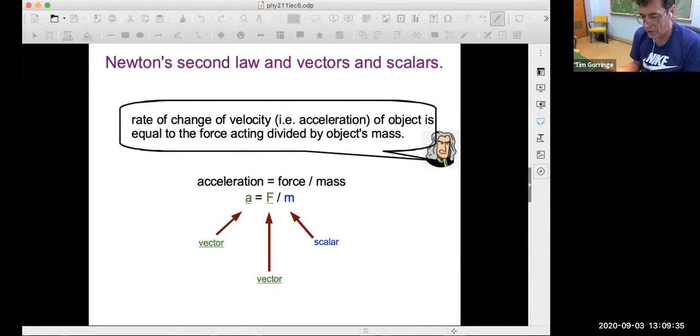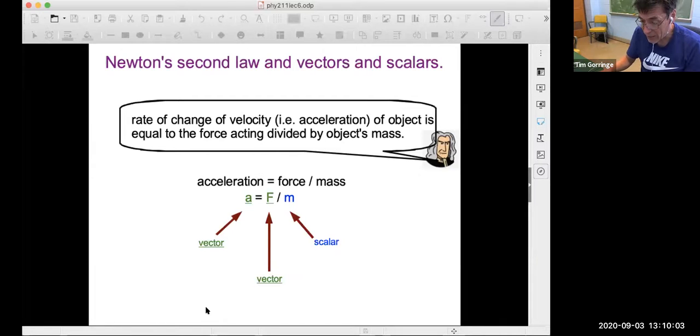It doesn't have a direction to it, up or down or left or right. On the other hand, the force that changes the motion does have both a size, a strength, and a direction, an orientation. And the acceleration, that change in motion, also has both a size, a large acceleration, a small acceleration, and a direction, an orientation.